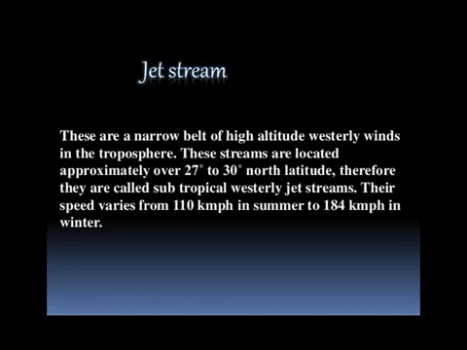Generally they are located over 27 to 30 degrees north latitude, and their speed is very high but varies according to season. During the summer season the speed of the jet stream is 110 km per hour, but during winter it is 184 km per hour. Jet streams are very important for us because they affect the climate of India. They attract the western cyclonic disturbances towards India.